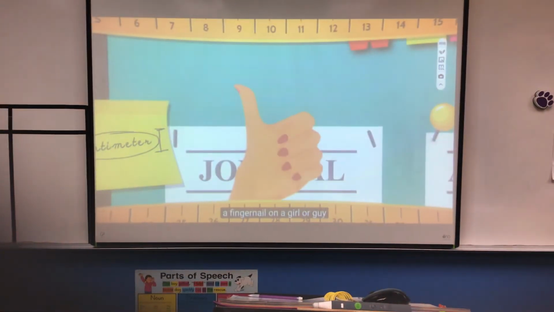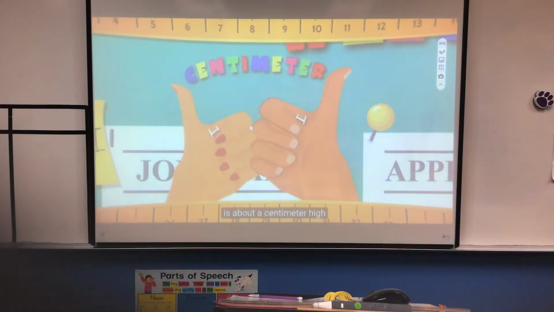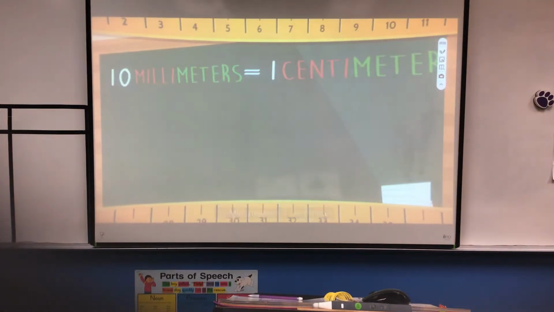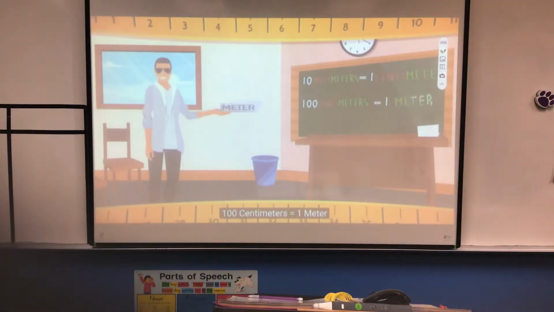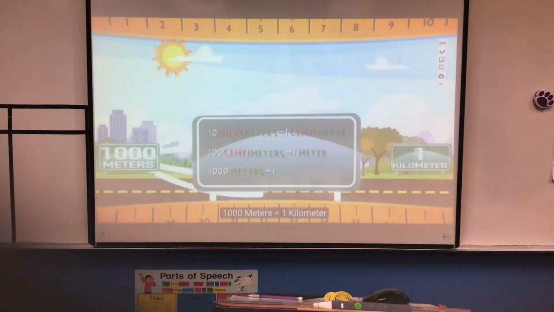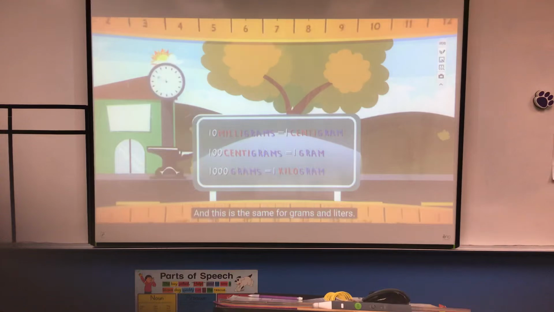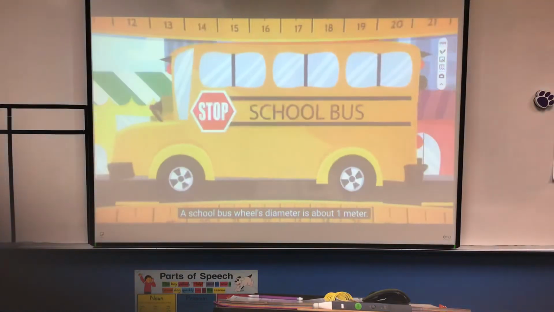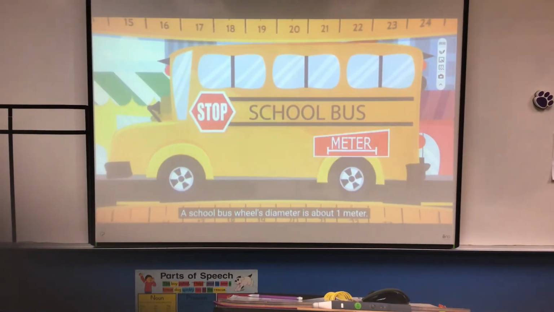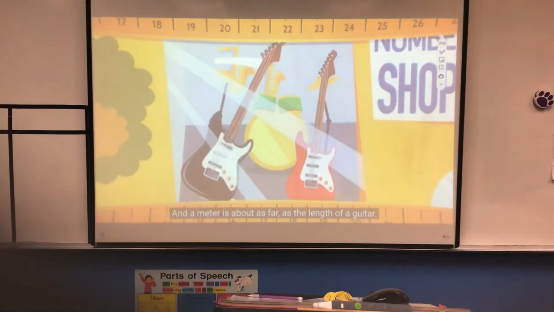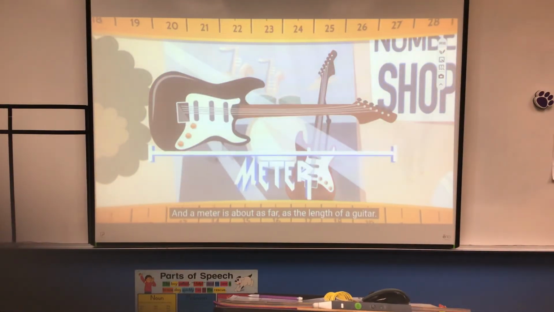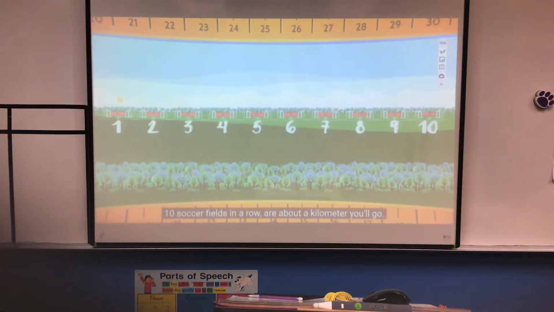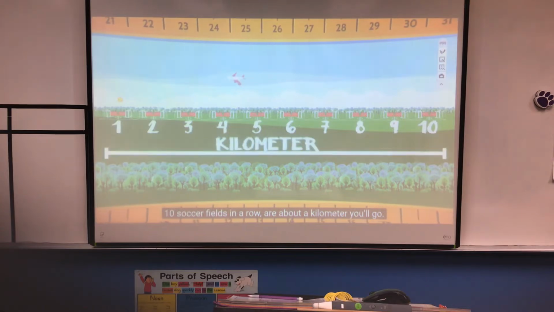A fingernail is about a centimeter high. 10 millimeters, a centimeter, 100 centimeters is a meter, 1,000 meters, that's a kilometer, and it's the same for grams and liters. A school bus wheel's diameter is about 1 meter, and a meter is about as long as a guitar. Soccer fields in a row, about a kilometer you'll go.